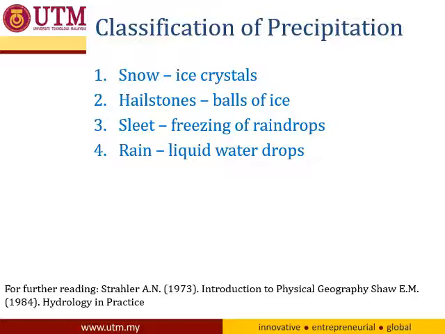Okay, so next is classification of precipitation. What is precipitation? I think you should know already. It's rainfall actually, but it's not just rain. It can be snow, hailstone, sleet and also rain. But in Malaysia, we only experience rain, right?